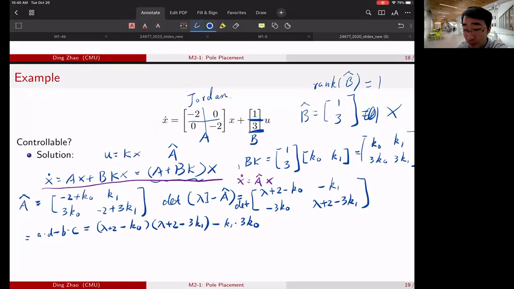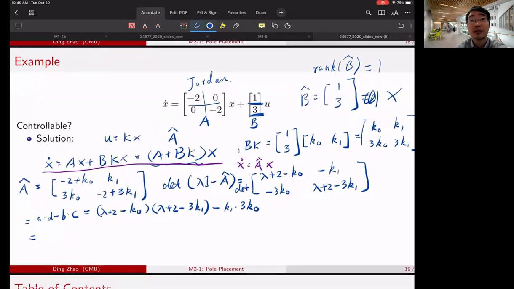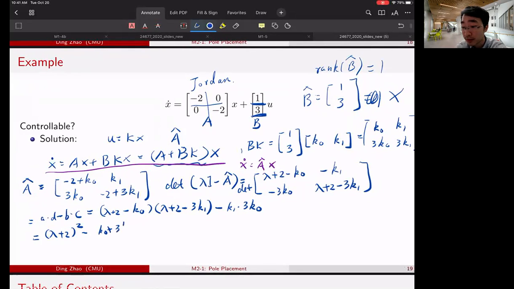Okay, let's do one more step. So it will be lambda plus 2 squared, minus k0 plus 3k1, lambda plus 2, plus 3k0 k1 minus 3k0 k1.